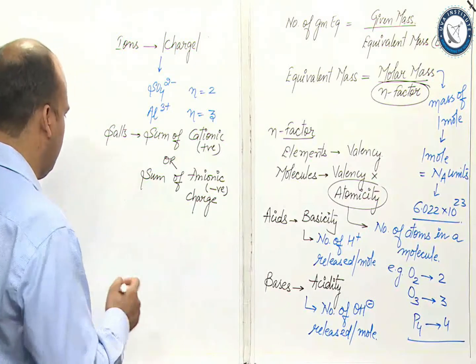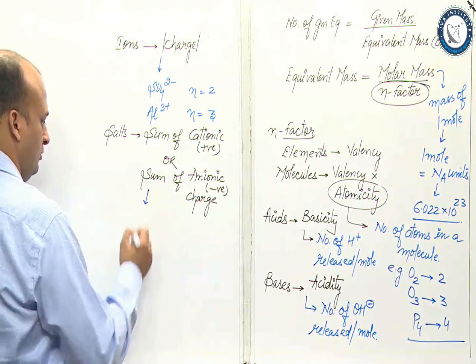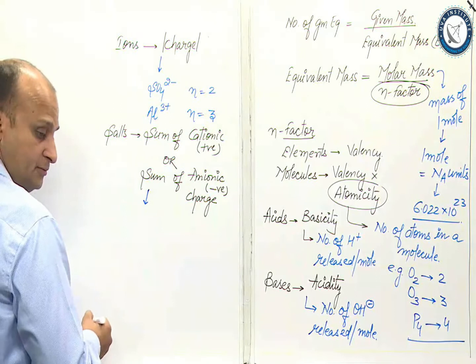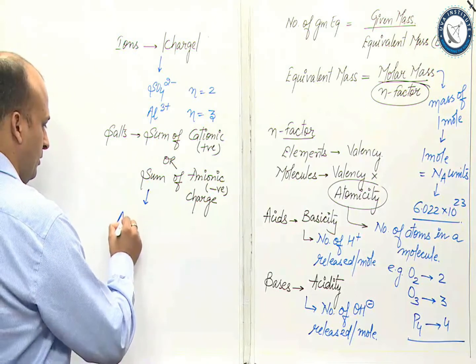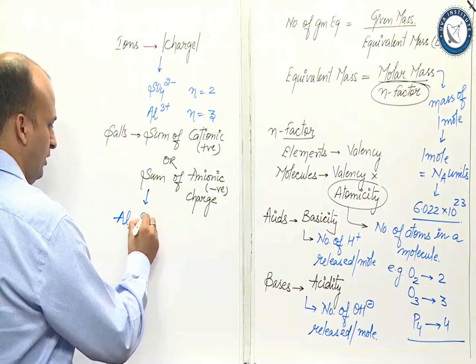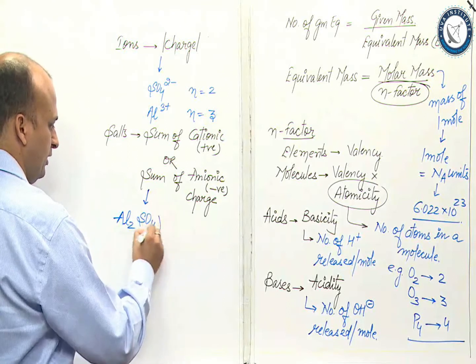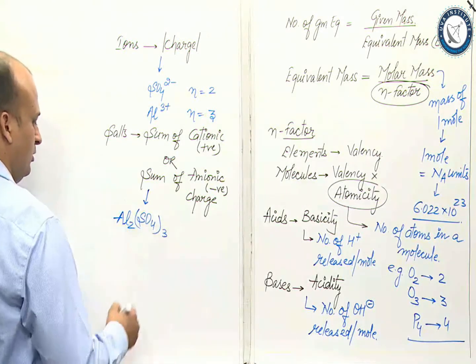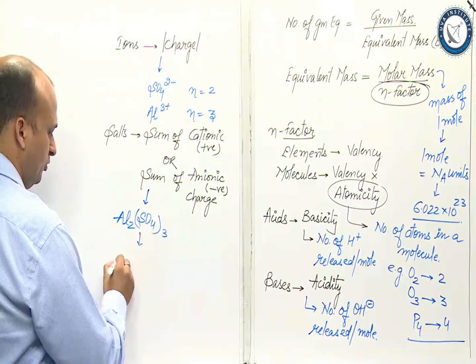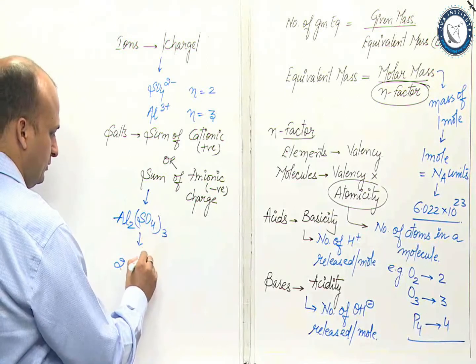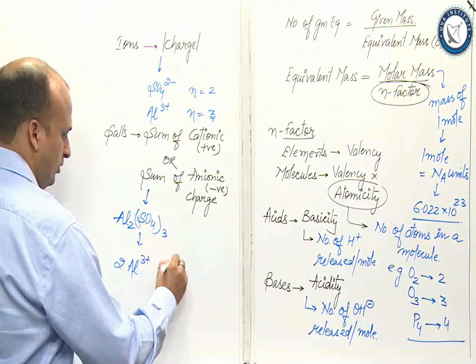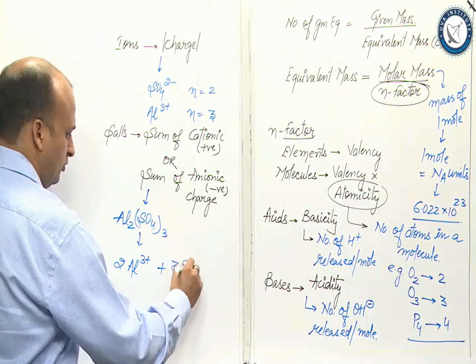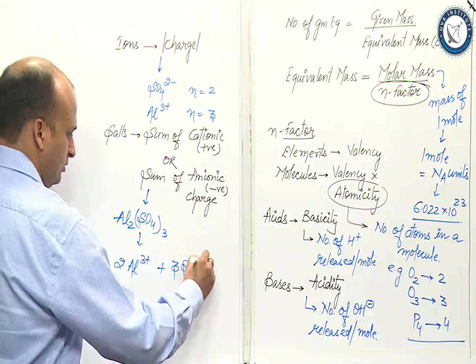So, for example, if I have Al2(SO4)3, this will give you 2 moles of Al3 plus and 3 moles of SO4 2 minus.